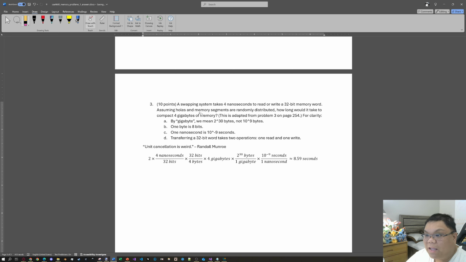So that assumes by gigabyte we mean transferring one group of 8 bits. If we were working with 2 to the 32nd power 32-bit words, then that answer would be, well, 4 times that, because we were working with 8-bit words, not 32-bit words.